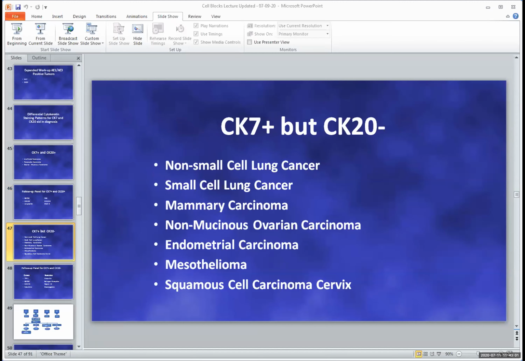If I have a poorly differentiated malignancy or carcinoma that is clearly CK7 positive but CK20 negative, this is the biggest differential diagnosis. You can see what they fall out to be: non-small cell lung cancer, small cell lung carcinoma, mammary carcinoma, non-mucinous ovarian carcinoma, endometrial carcinoma, mesothelioma, and squamous cell carcinoma of the cervix.